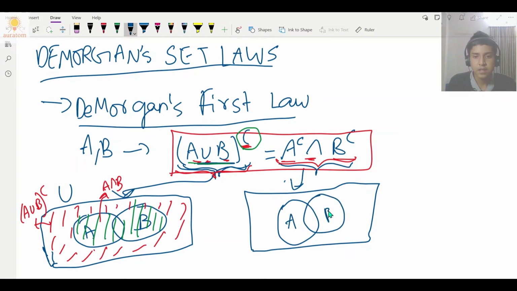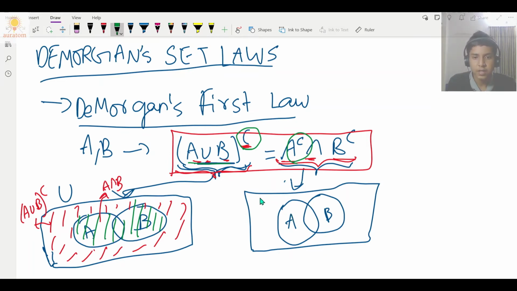This is the set A and this is the set B. And now let's start to shade each part individually in this whole expression. So what is A complement in this? How can we shade A complement in Venn diagrams? We know that A complement is everything in the universal set except A, right?